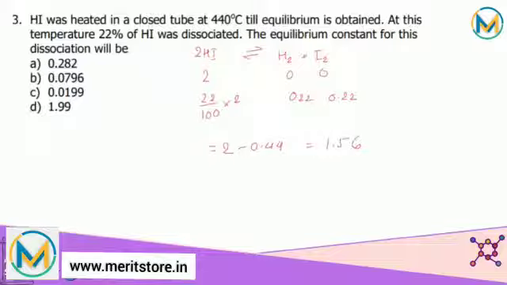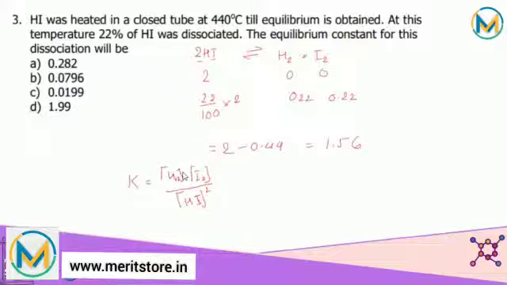So now when we write the dissociation constant, K is concentration of hydrogen times concentration of iodine, that is concentration of products, upon concentration of reactant the whole square, because there are 2 moles of HI.